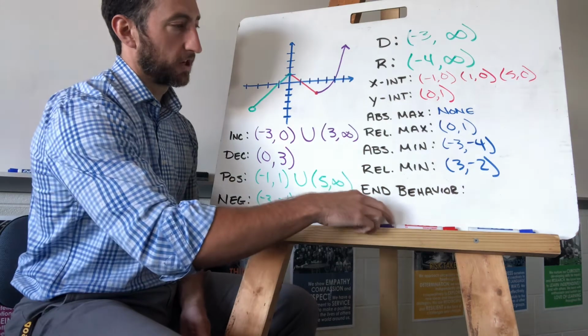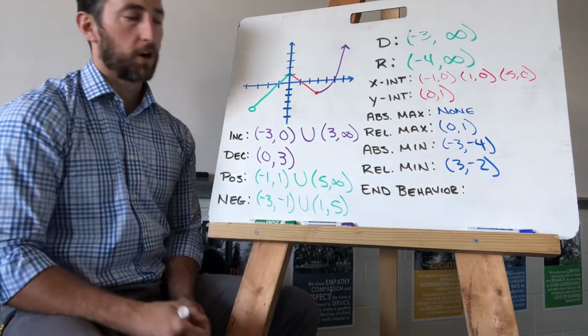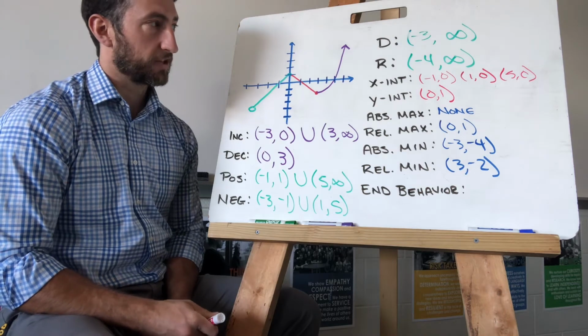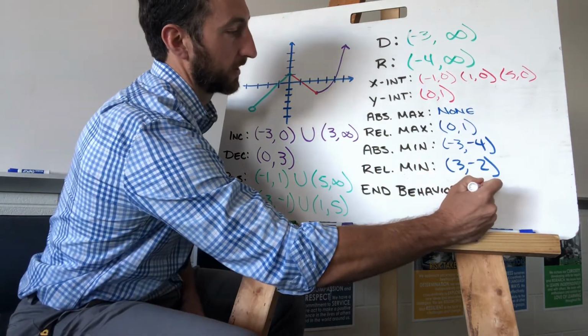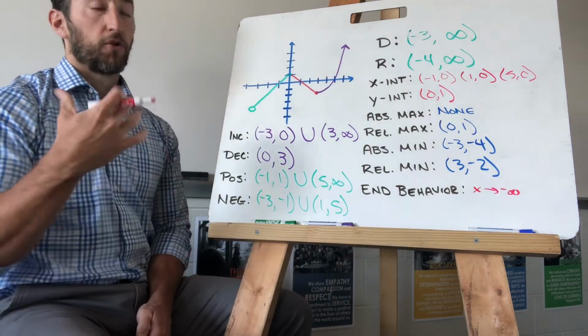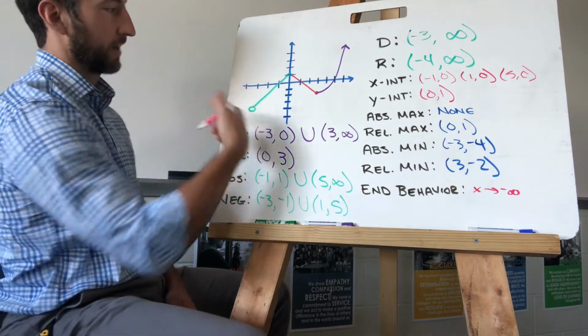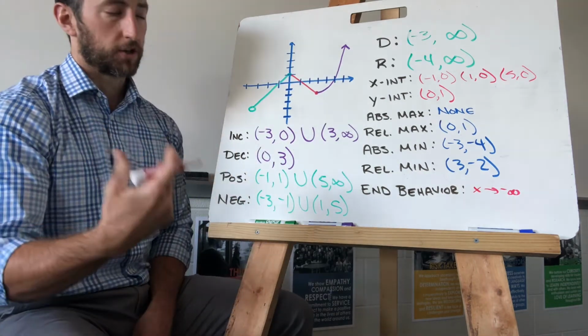And the last thing we're going to talk about is end behavior. So end behavior is what our graph is doing on the edges. So basically, we're going to think of it as x goes to negative infinity. So that's going to be basically the left side of my graph. So if my graph went forever to the left, we're going to talk about that.